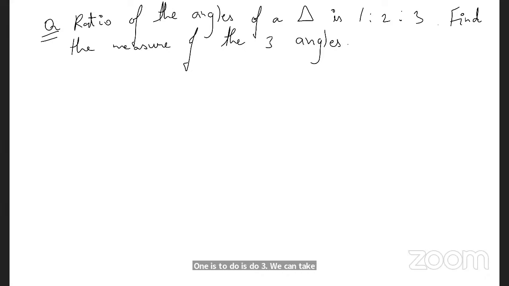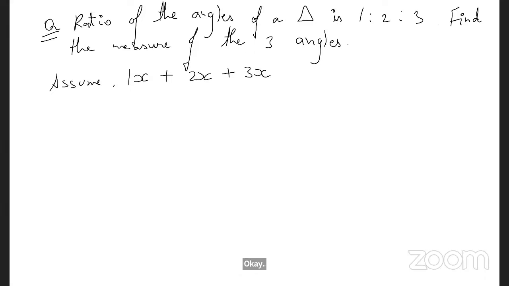Yes, the first one is 30 degrees. Very good. So 1x plus 2x plus 3x. Because the values we don't know, so we can put x.